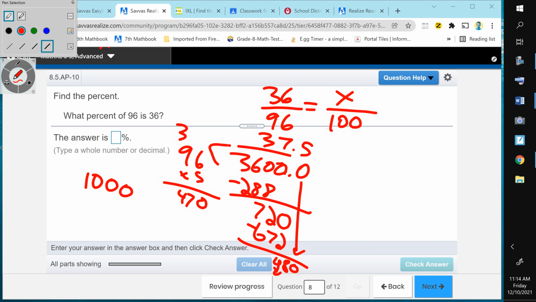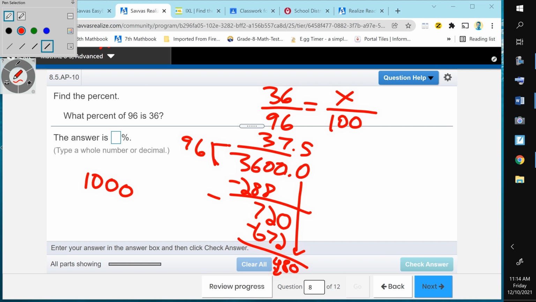But I don't have time to spend on this. I did mess up. And where I messed up, how did I mess up? That's a 96, is that right? Yeah, I messed up.